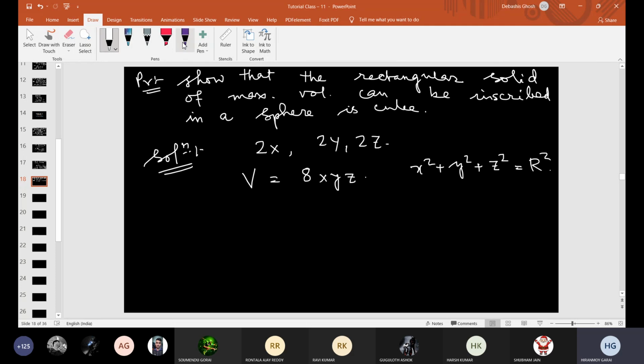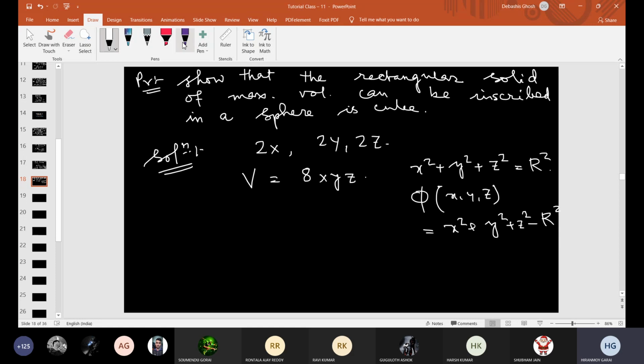We can take phi of x, y, z equal to x square plus y square plus z square minus r square. If we try to find z in terms of x and y, it becomes difficult or lengthy. So using Lagrange's multiplier will be helpful.